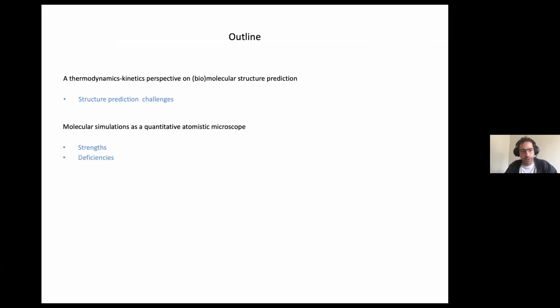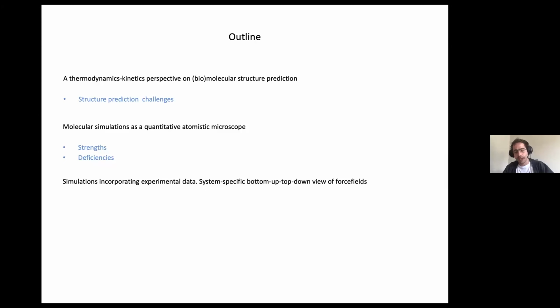Of course, I'll talk a bit about the strengths and the deficiencies of molecular simulations, and then carry on to the essential part of how to use molecular simulations in such a way that we incorporate experimental data for a particular system of study, and at the end of the day we're able to get a system-specific, we can call it top-down approach, because we're introducing experimental data from above, if you wish, to the structural ensemble, but also it's a bottom-up approach because we are using a force field.